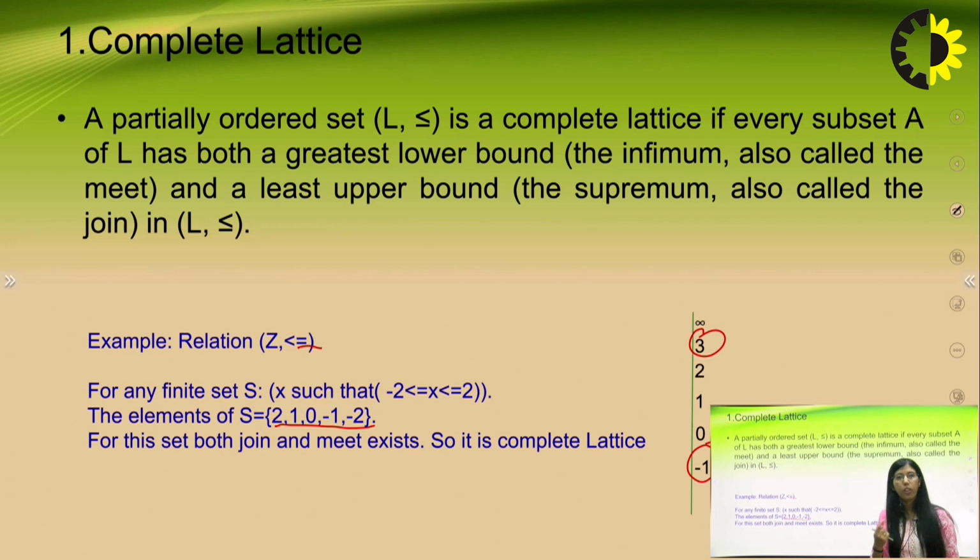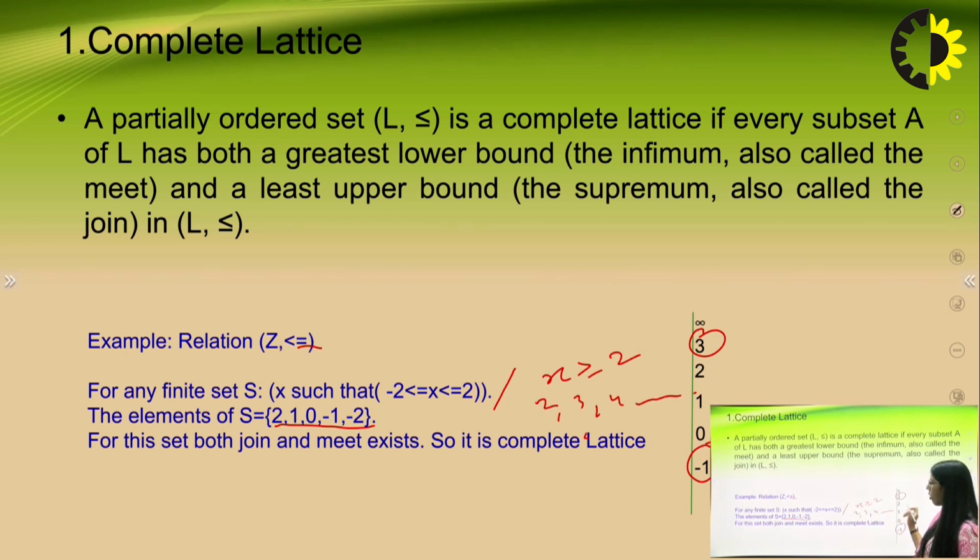But if we talk about an infinite set, where X is greater than or equal to 2, then the set will have 2, 3, 4 and so on. Then this will not be a complete lattice, because no greatest lower bound exists.